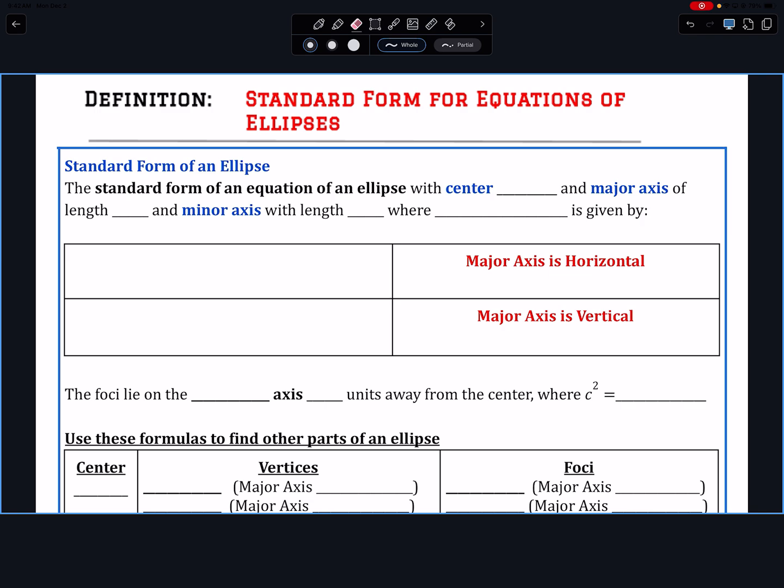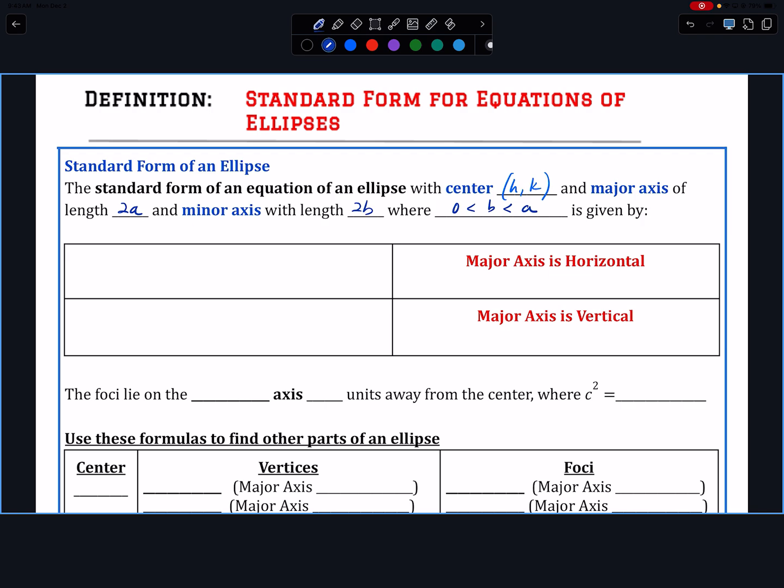The standard form of an equation of an ellipse with center h comma k and major axis of length 2a and minor axis with length 2b, where b is bigger than 0 but smaller than a, is given by this formula.